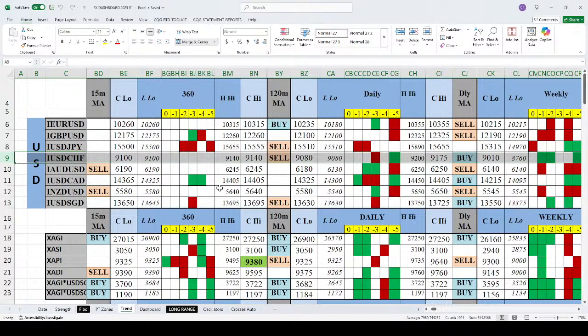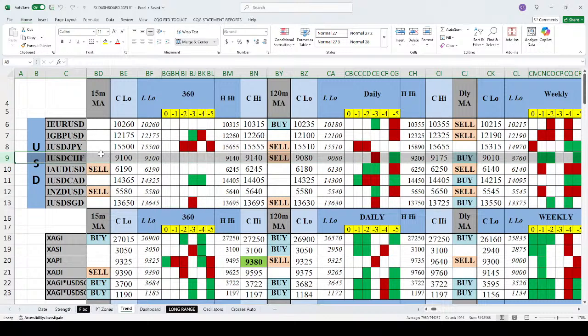The next currency we are looking at is dollar Swiss. The trend is flat across the board on the hourly. Daily is flat with a downside view. Weekly is flat with an upside view. Then we have strength on the hourly, which means we should be looking to sell near the hourly high, which is 91.40.